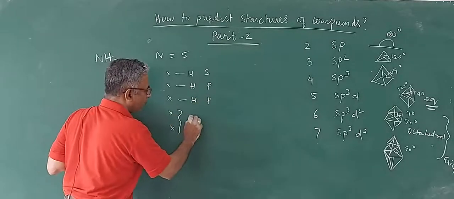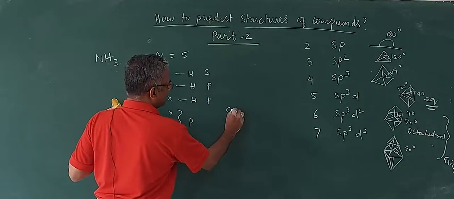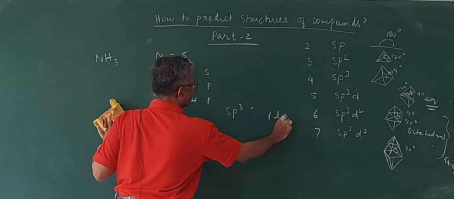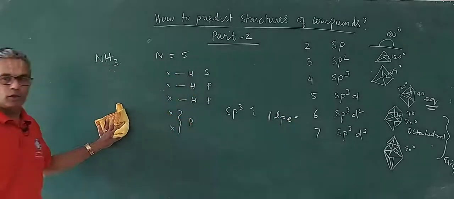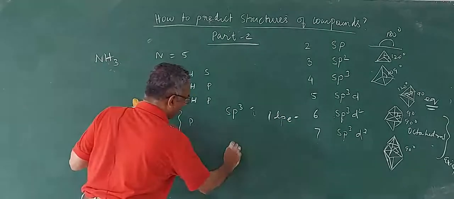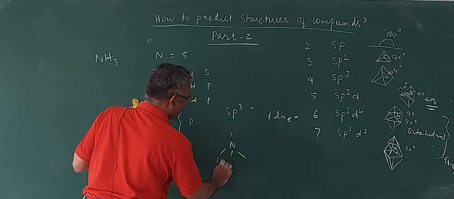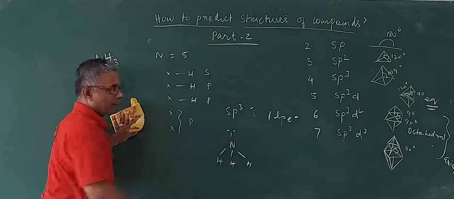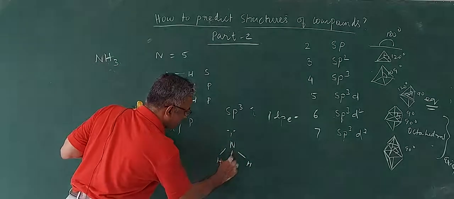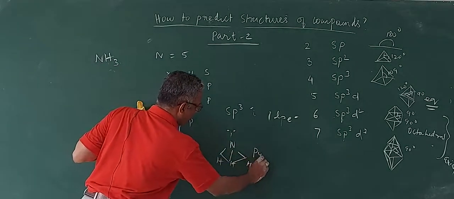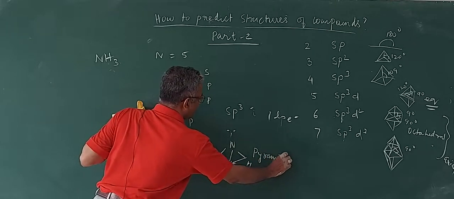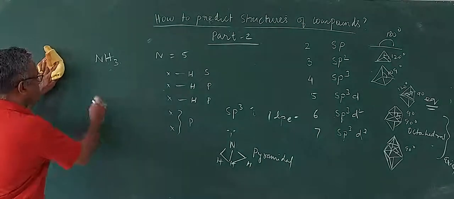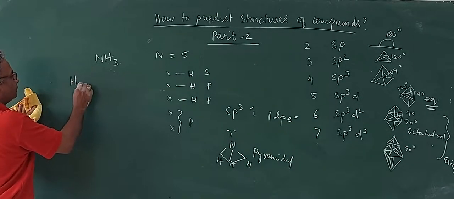So now this is sp3 with 1 lone pair of electrons. sp3 means tetrahedral. Nitrogen will be tetrahedral with one lone pair. The lone pair does not contribute to the shape of the molecule, therefore the shape of this molecule will be trigonal pyramidal.